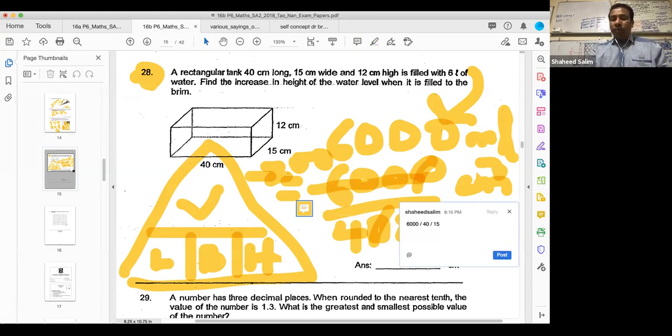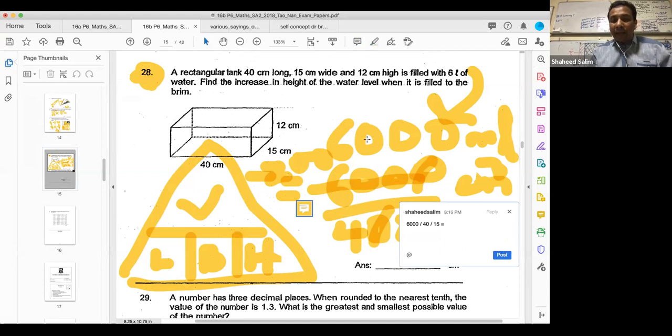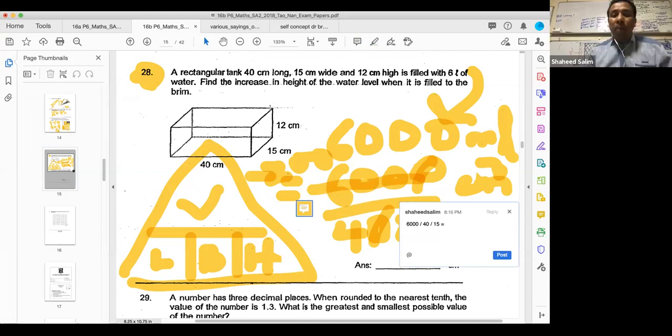What do you get? 10. So that means the height now is 10 cm. The question is asking how many more cm must go up to fill up to the brim? If this is 2 cm, that's your answer.